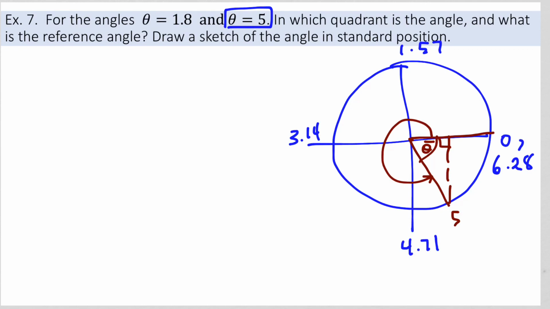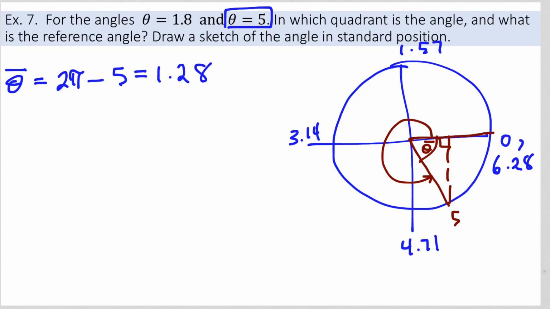So the way I could look at that is I could take my whole 6.28 and subtract off the 5 radians here. So I could write that out like this. So that would be approximately 1.28 radians, which is a positive acute angle because 90 degrees is 1.57.